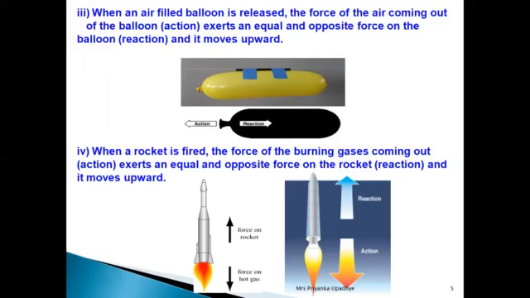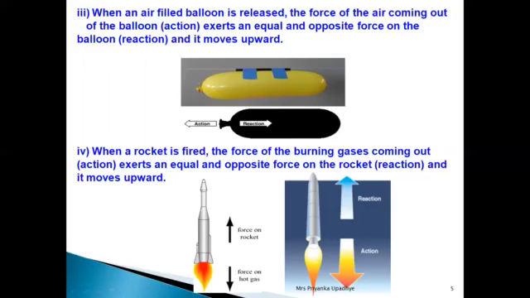So the rocket exerts action on the gases to expel them through the nozzle backwards. The outgoing gases exert an equal and opposite force R on the rocket, due to which it moves in the forward direction. Here the gases are going in the downward direction, that is the action force, and due to the action, the rocket moves in the opposite direction, and that is the reaction force.